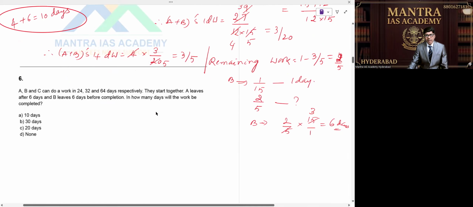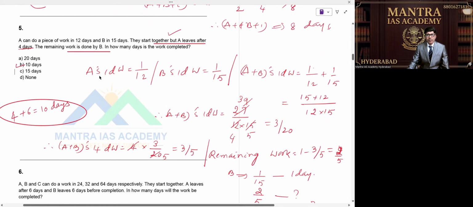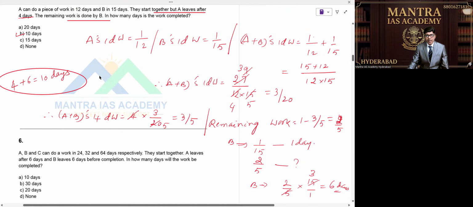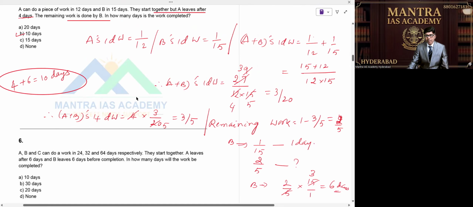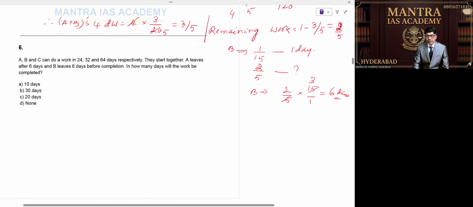Yes. I also want to tell you a beautiful shortcut for this. I'll take this space and observe this one. Later if needed, I'll remove that also. The shortcut for question number 5, how to do it. I'll cover the shortcut for this problem also. A and B together, how many days did they work? 4 days.